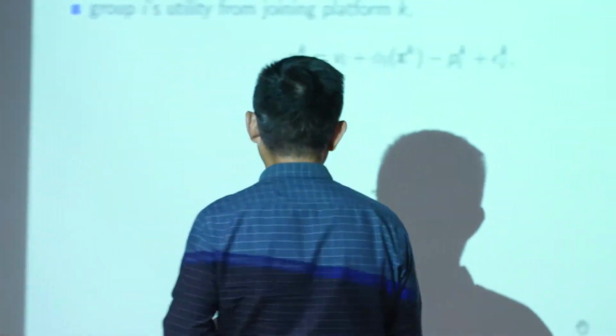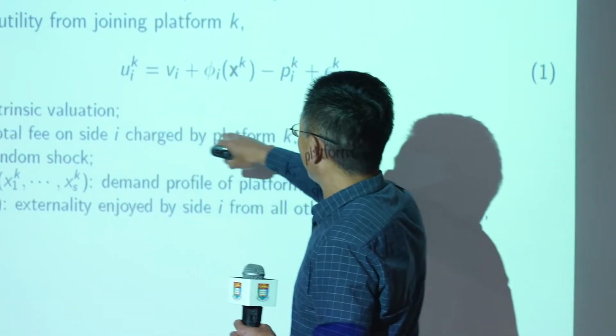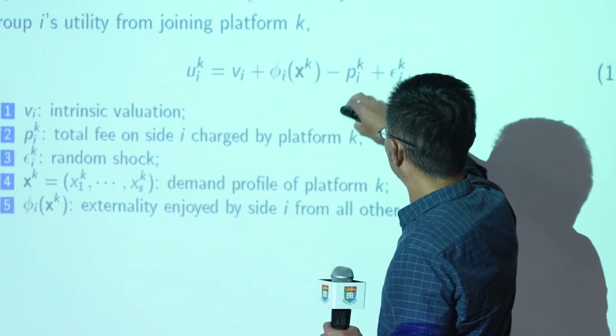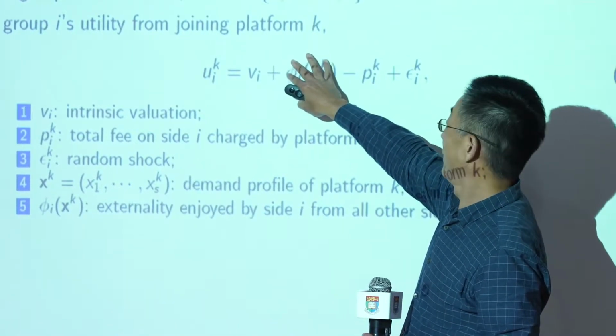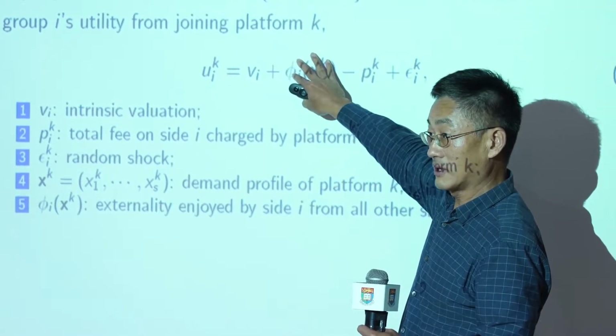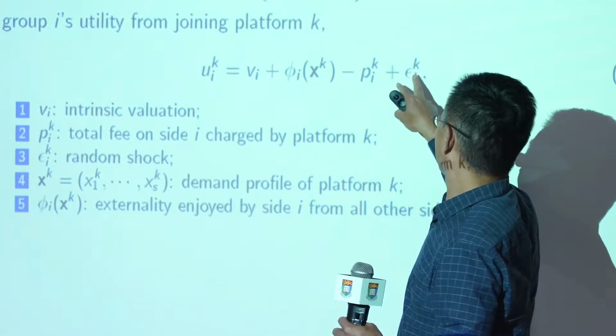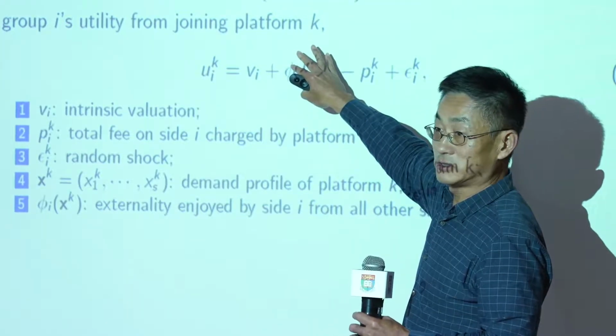That's the standard approach. In other words, there's the intrinsic value and there's a price, and we call the last part a random shock. Suppose we just ignore this complicated term here. This is a standard way of doing a discrete choice model in industrial organization. If this epsilon is subject to, let's say, an extreme value distribution, we have a logit model.